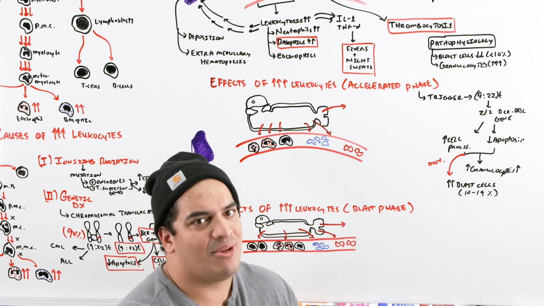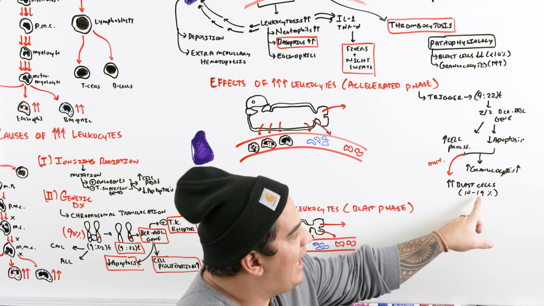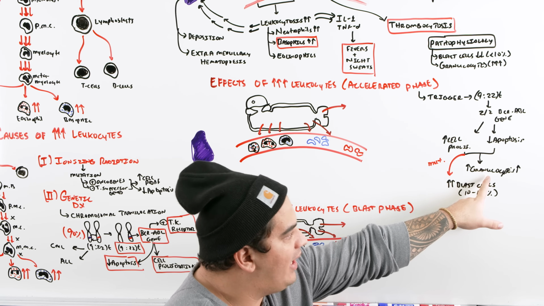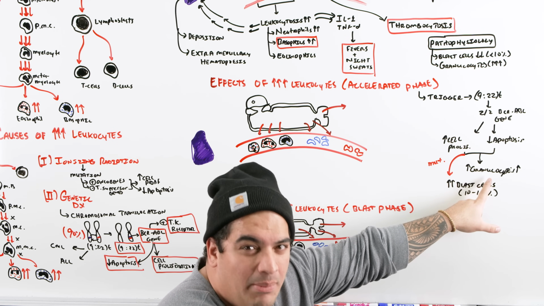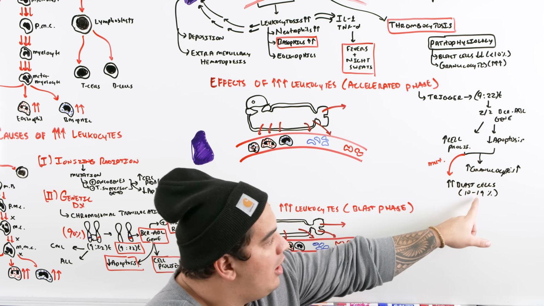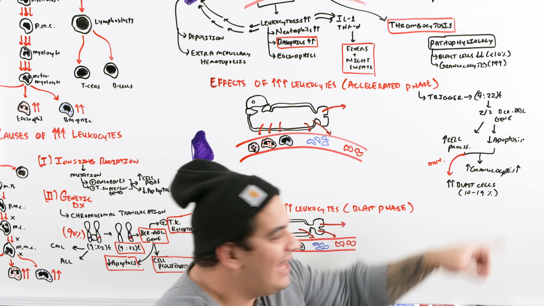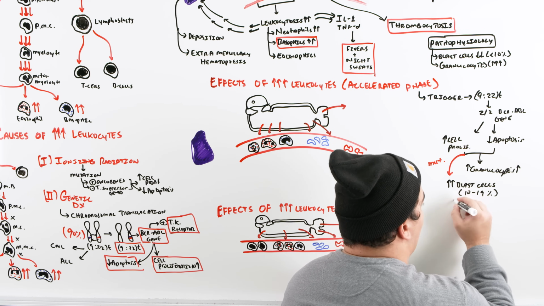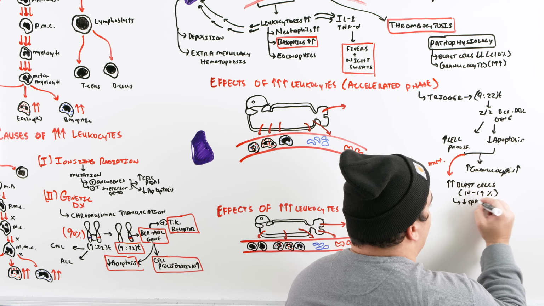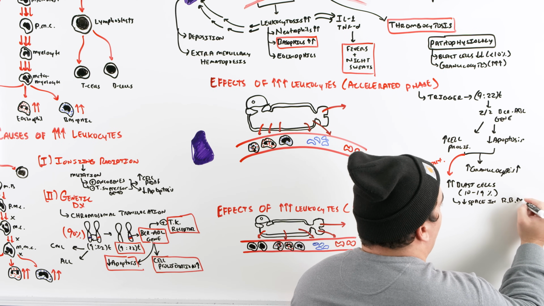And then we start having some problems, because when you have a lot of these blast cells, you're still making a lot of granulocytes, but it's starting to decrease a little bit. But now you're starting to occupy the bone marrow with a lot of blast cells, and that's starting to become a problem. If I get up to 10 to 19% blast cells, I start to decrease the space in the red bone marrow.